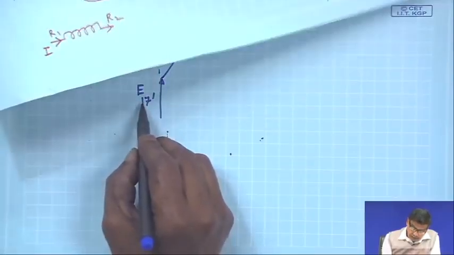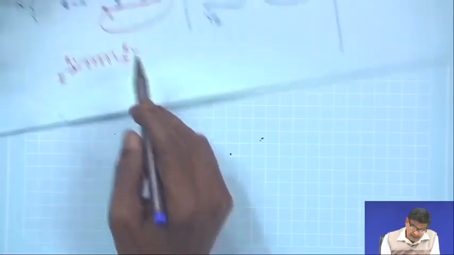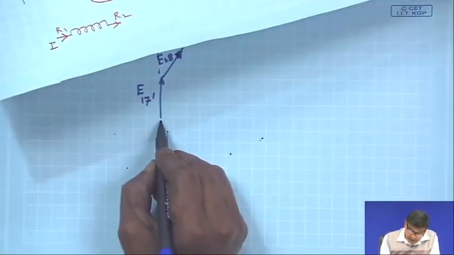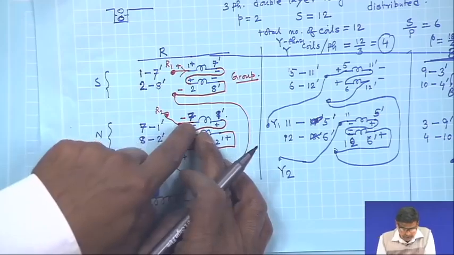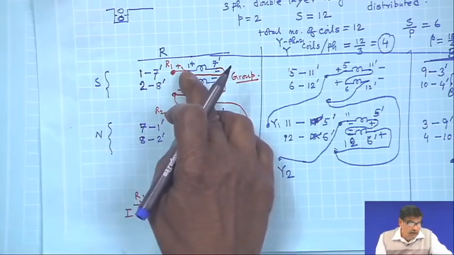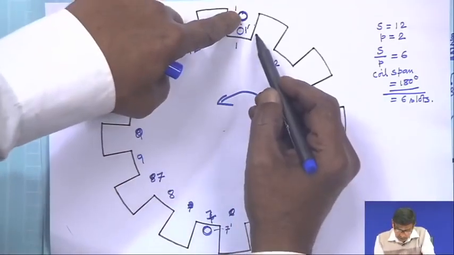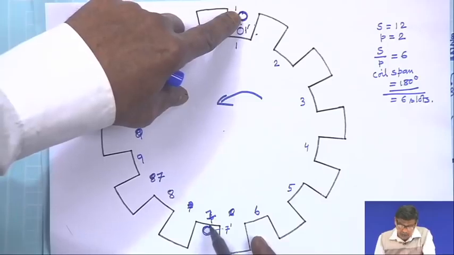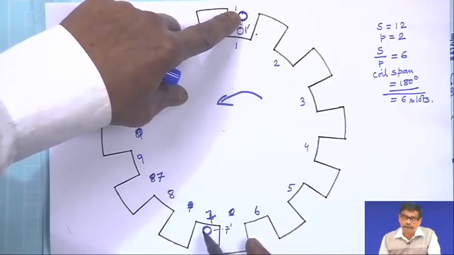This is over. Now, I want E71 dashed. So, this is E17 dashed, and where will E71 dashed be? Mind you, it will be 180 degrees out of phase, because this is also the start of coil 1. Whatever is happening to coil side 1 now, after 180 degrees the same thing is going to happen to the conductors placed in slot number 7.